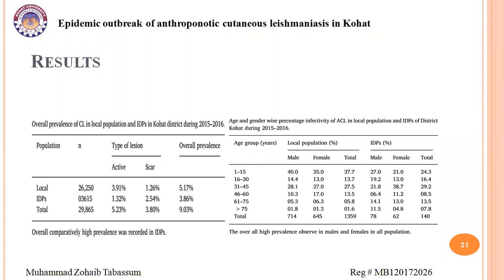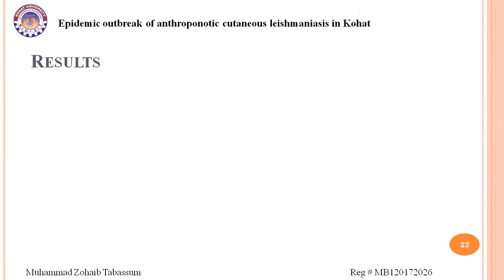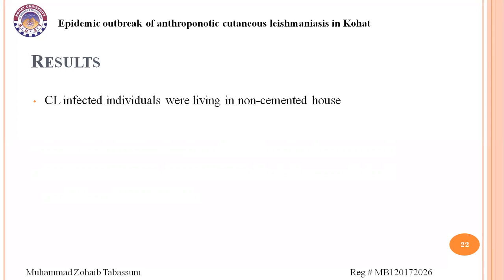Now, these tables basically show the percentage of overall comparing high prevalence recorded in IDPs. And the next one on the right side shows the overall high prevalence observed in males and females in all the populations. Now, the cutaneous leishmaniasis infected individuals were living in non-cemented houses. The roofs of these houses were either mud made with straw and wood.